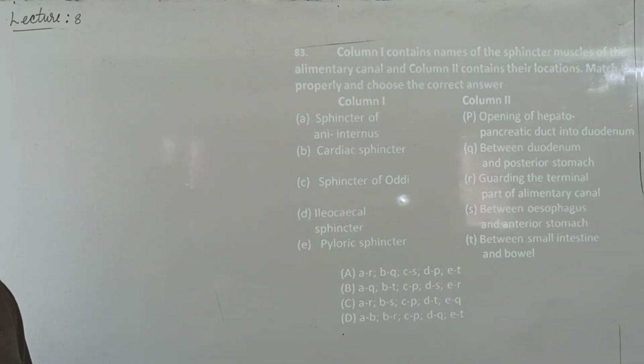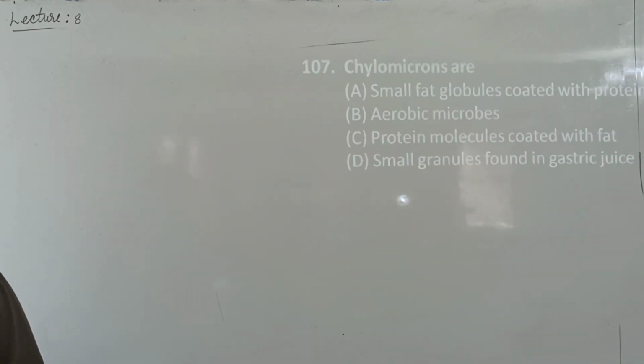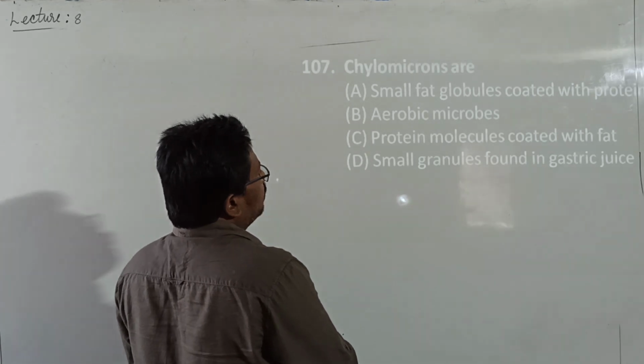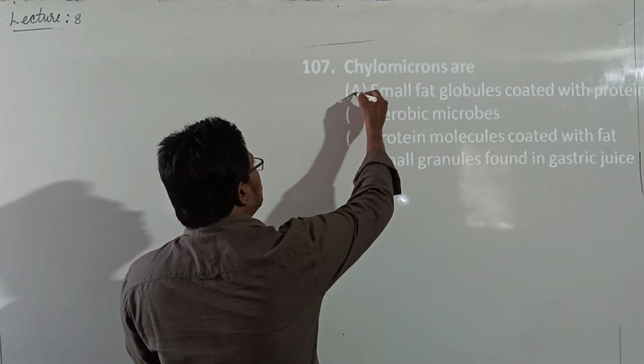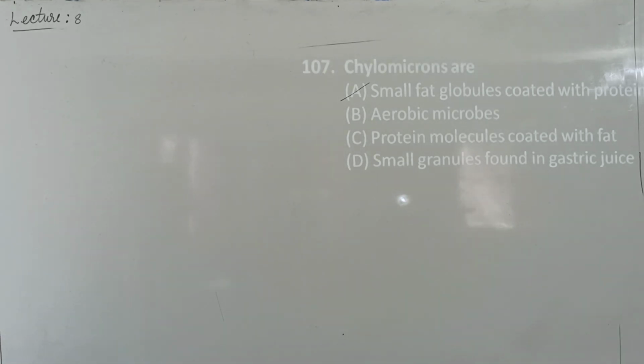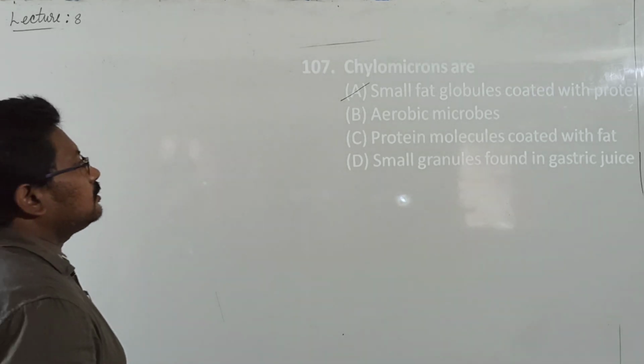The next one. What are chylomicrons? Chylomicrons are small fat globules coated with protein. We have seen already in the last session that fatty acids find it difficult to diffuse through the cells.